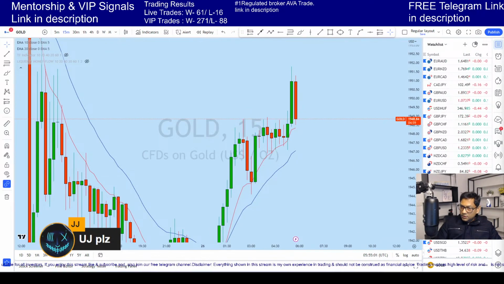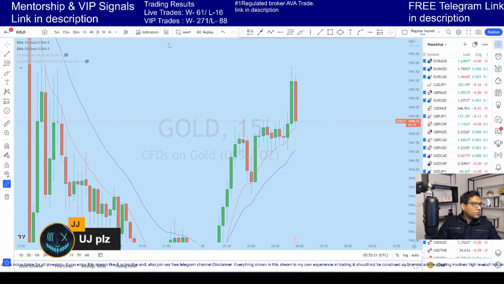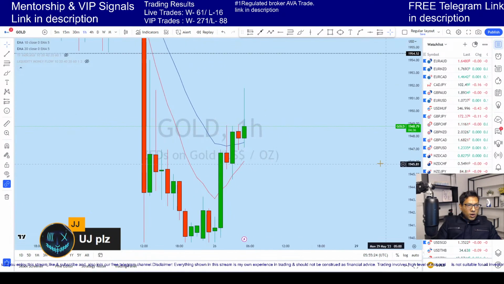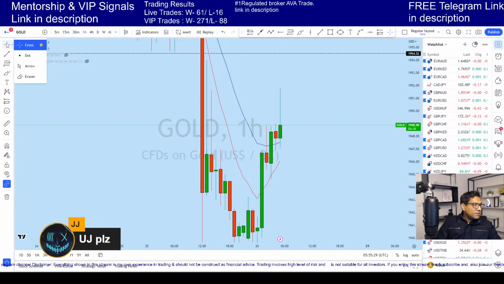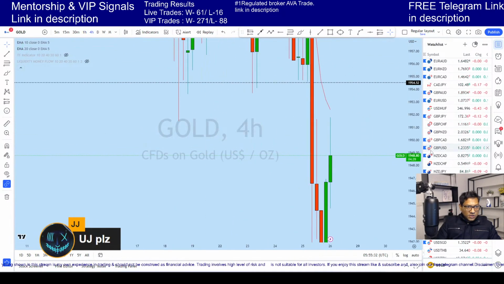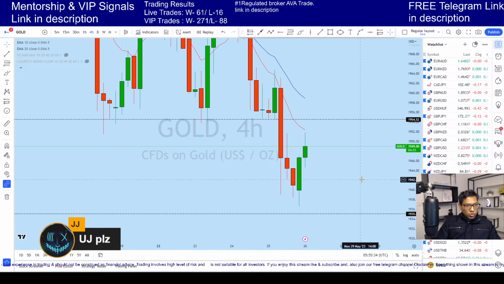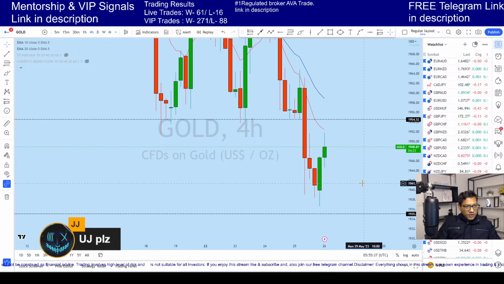Okay, let me see what the gold market is trying to do. From the 1 hour, you can see a candle is closing on the 1 hour, which has initially made a move. Let me see the 4 hour, because the 4 hour also will close.